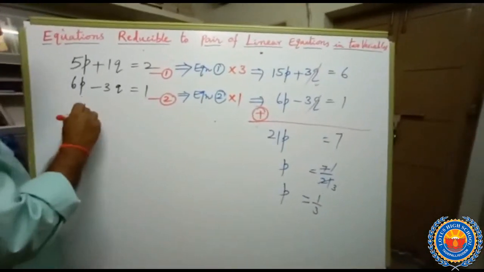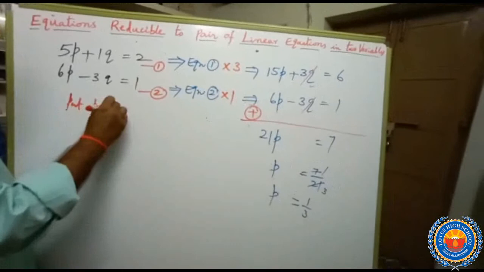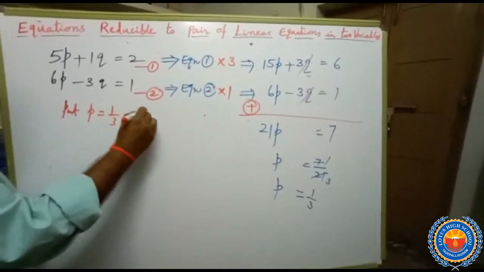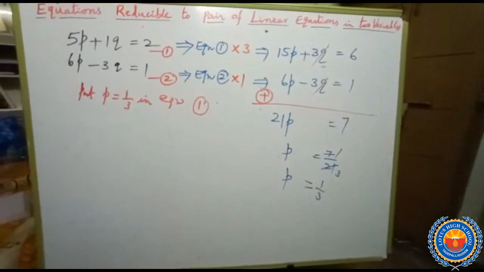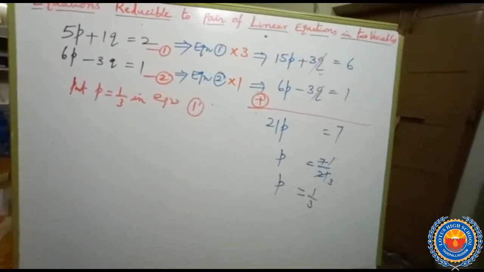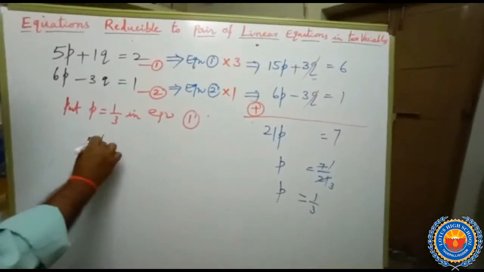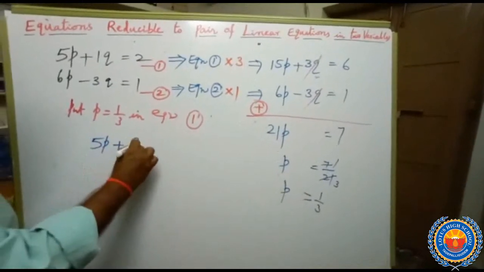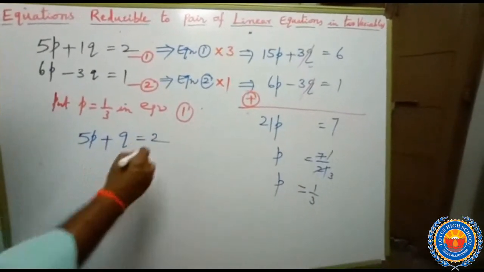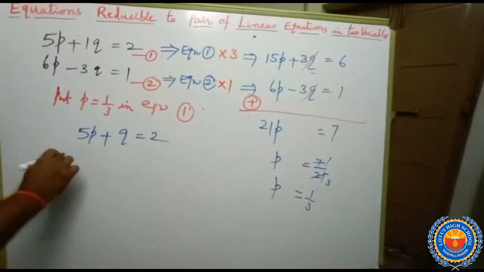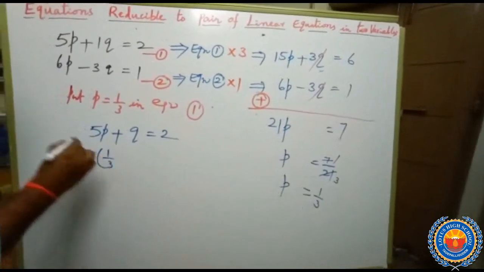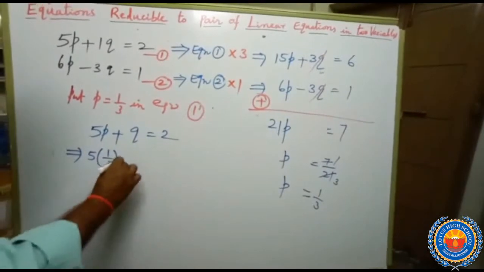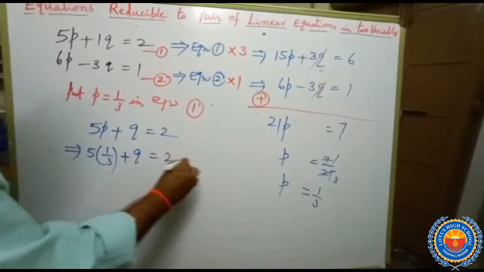Put p is equal to 1 by 3 in equation 1. What is equation 1? 5p plus q is equal to 2. 5 into p, 1 by 3, plus q is equal to 2.